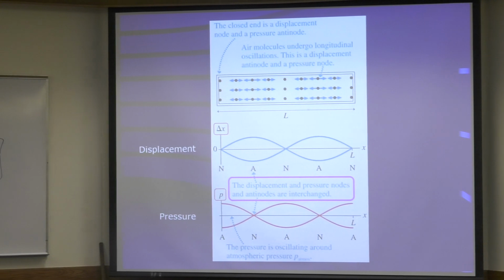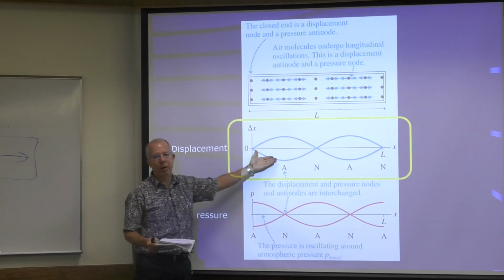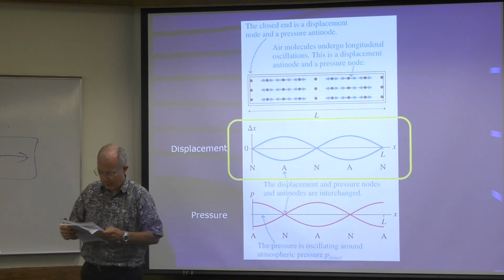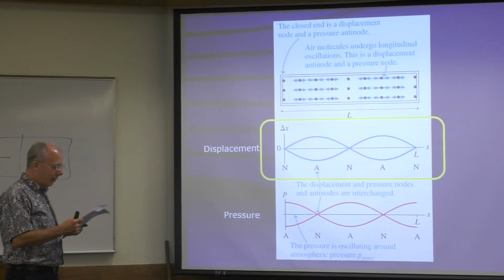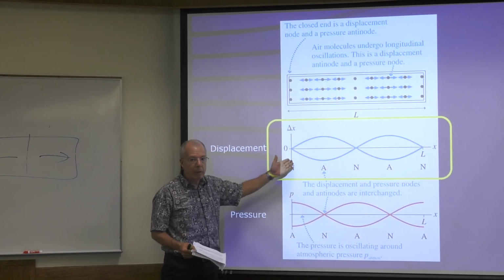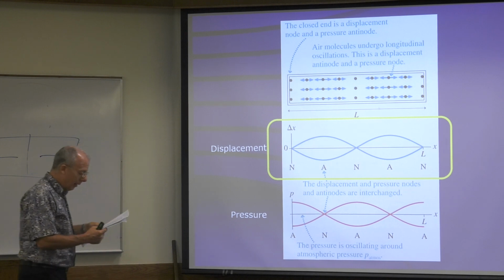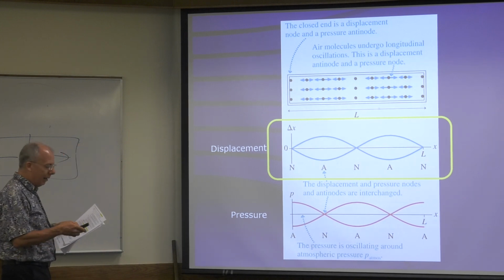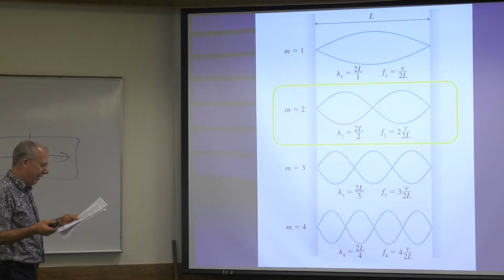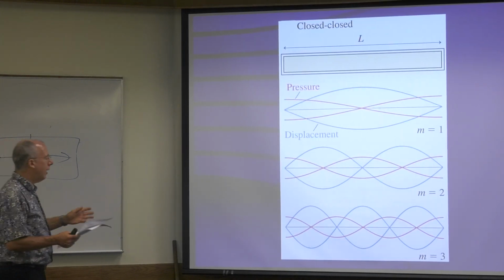Now, where have you seen that before? Well, looks to me like an m equals 2 for a string, right? An m equals 2 standing wave on a string. All right. So guess what? Okay, so here it is.